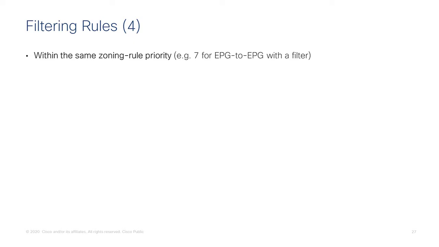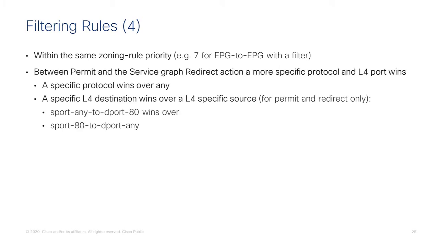So within the same zoning rule priority, between permit and the service graph redirect action, rules with more specific protocol or layer 4 ports win over less specific rules. So if you have a rule with a specific protocol, it wins over a rule without any protocol. If you have a rule with layer 4 destination ports, it wins over a rule without layer 4 destination ports.